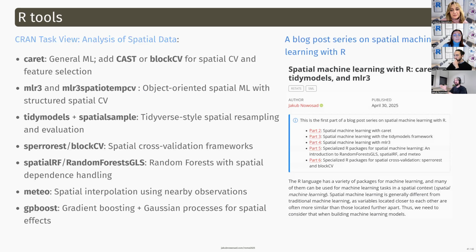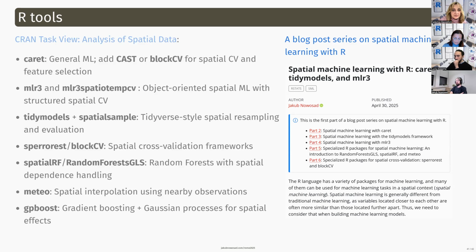There is also a blog post series my colleague and I wrote earlier this year about machine learning for spatial data with R. This is a 6-part blog post series showing those different tools and how you can apply them in practice. So if you're interested in that, there is a URL here.